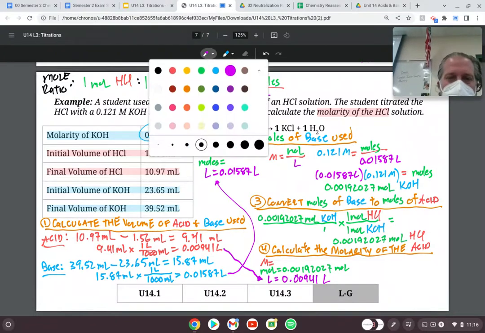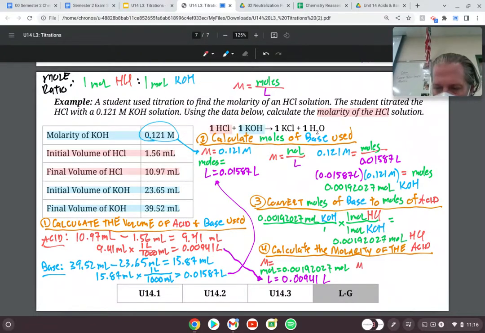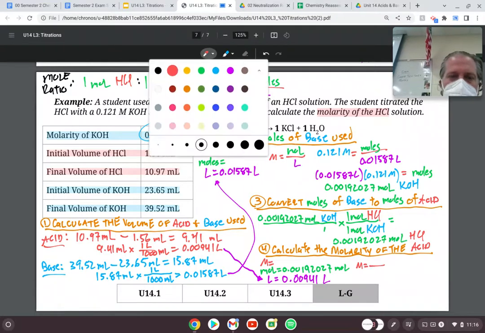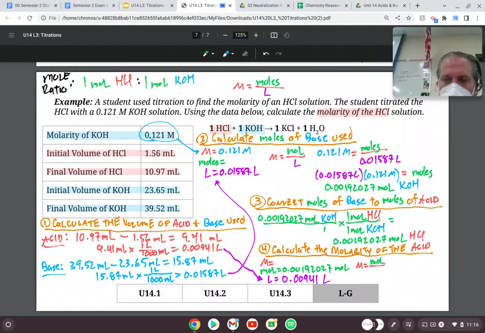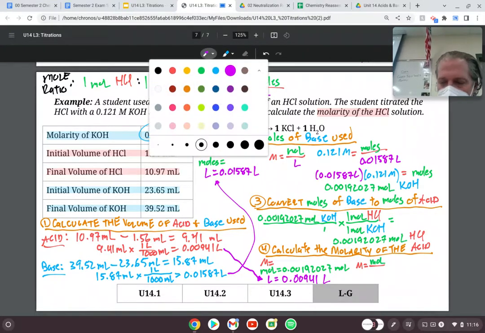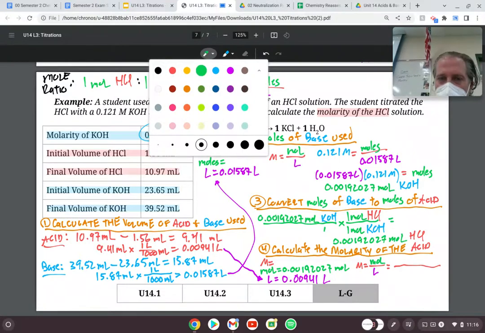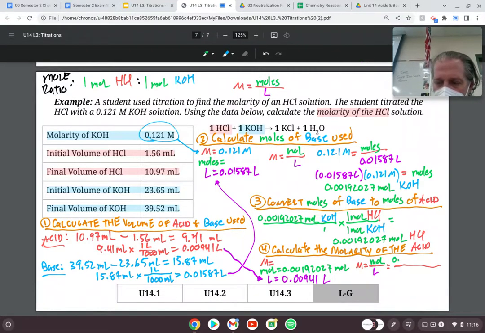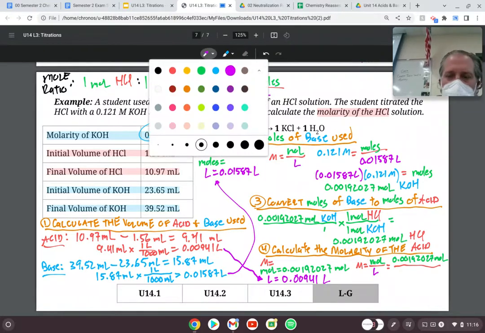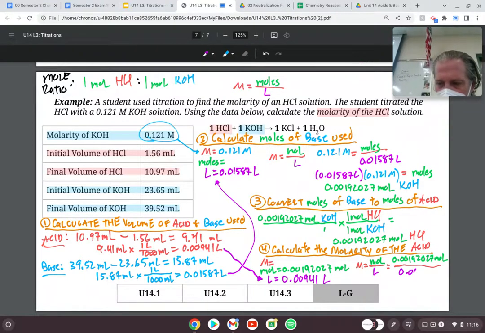So I have my molarity formula, which equals moles over liters. So if I just plug in what I know, in this case, it's going to be 0.00192027 moles over 0.00941 liters.